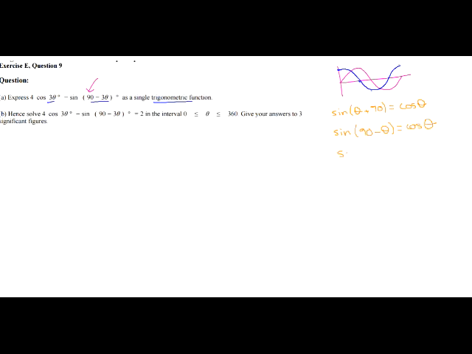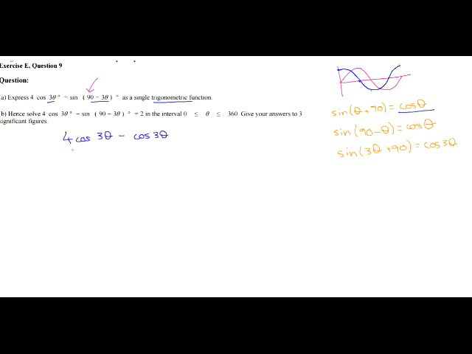So if we have sine 3 theta plus 90, that's just going to be cos 3 theta. So the hint with question A is to recognize that this 90 degrees means you can write this as a cosine. So what we've actually got is 4 cos 3 theta minus cos of 3 theta.